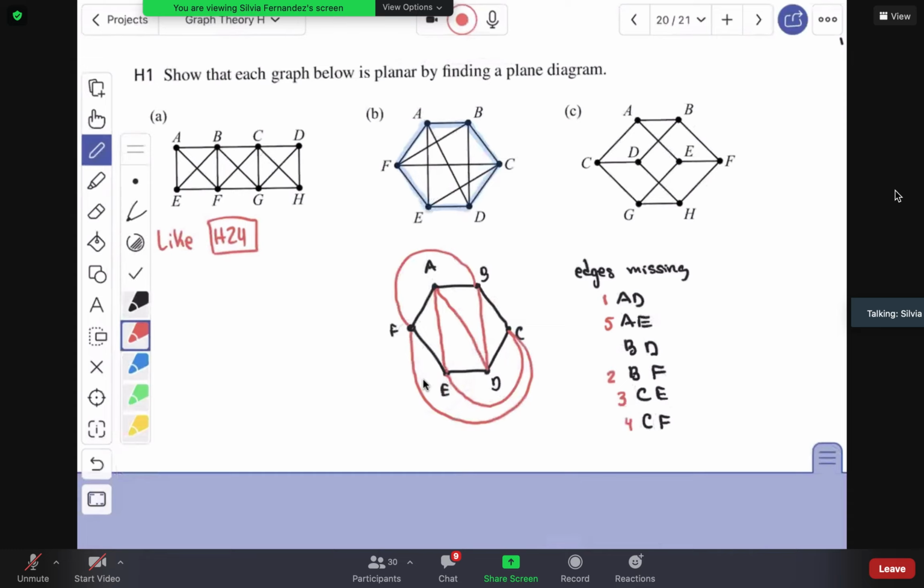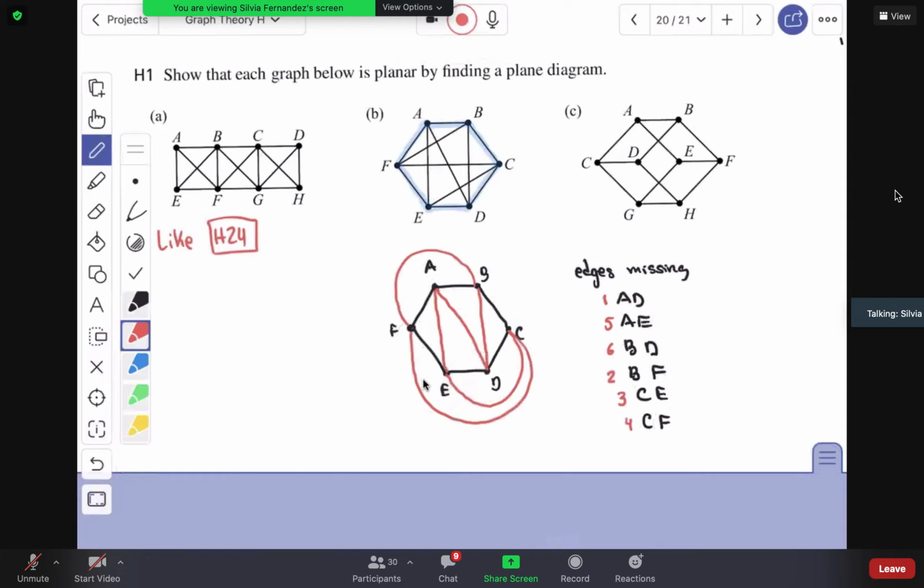So this drawing not only solves my problem, but it's essentially unique because everything that I added was forced, except doing the upside, inside out. Everything that's outside could be inside and vice versa. But essentially, it's the only planar drawing of that graph.